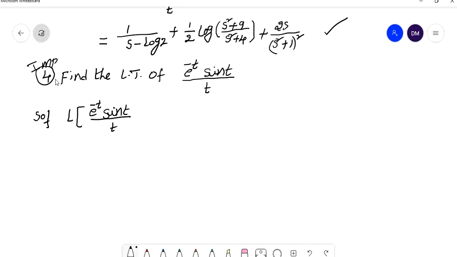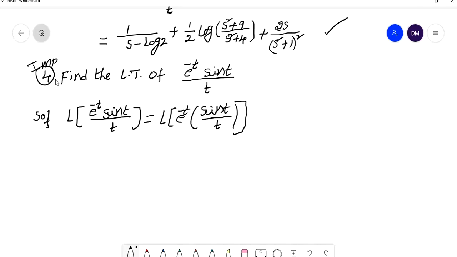We can write this as L of e power minus t into sin t by t. First I can use the division by t property to find L of sin t by t, and finally I can apply the first shifting property.